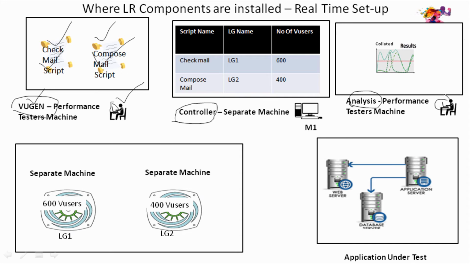So on your system there are two components installed, VUGen and analysis. If you're new to performance testing and you get into the company and somebody has given you this desktop or laptop, these are the two things that you will check, whether your VUGen and analysis is installed or not. If they are not installed, talk to the right people and get it installed.